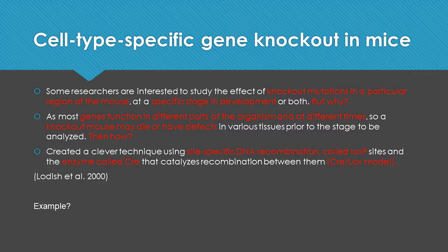Okay, in this CRISPR model, log P sites are the site-specific DNA recombination sites, and the enzyme is called CRISPR, which catalyzes the recombination between them.